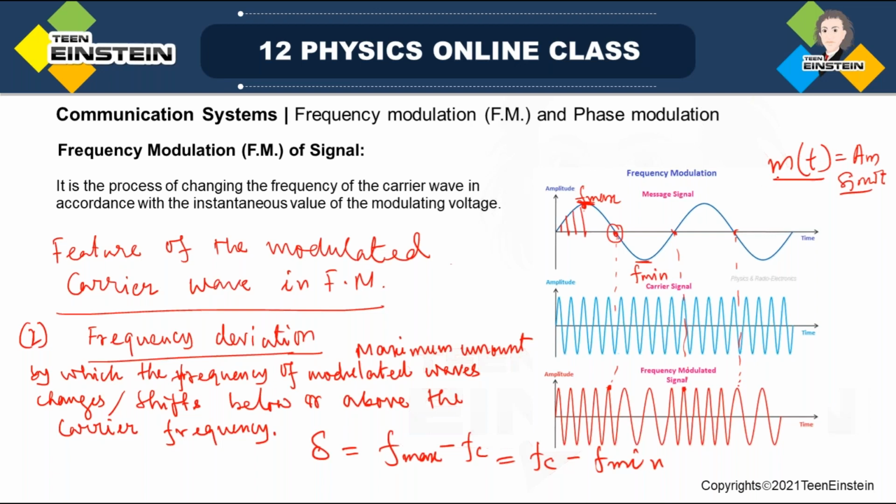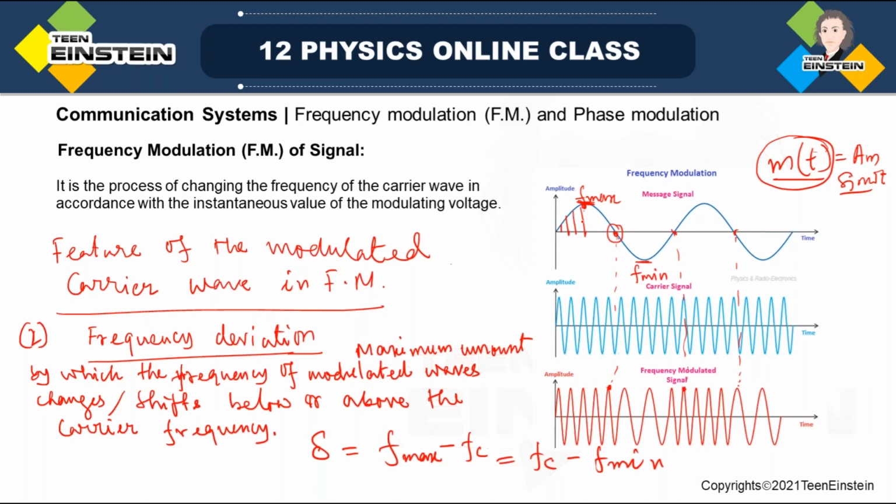So depending on the instantaneous value of the modulating signal, this delta value will change, because the frequency of the modulated carrier wave depends on the amplitude of the original or message signal.